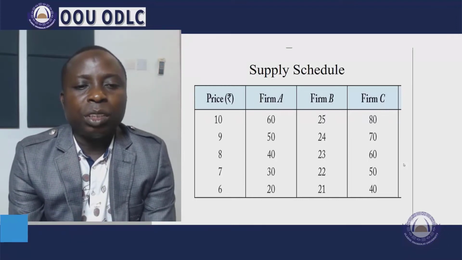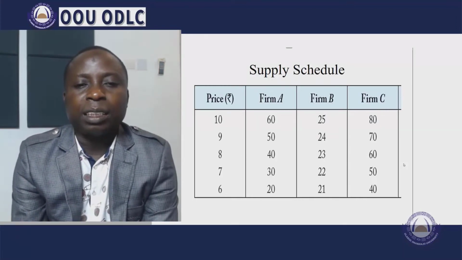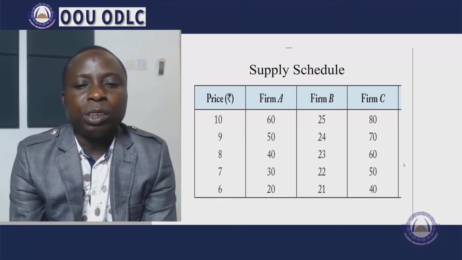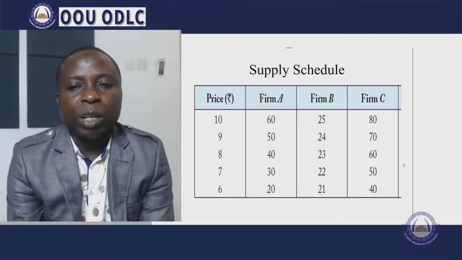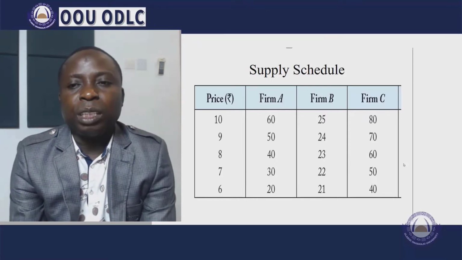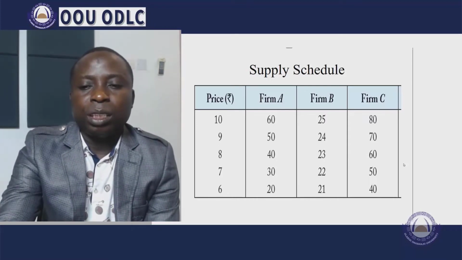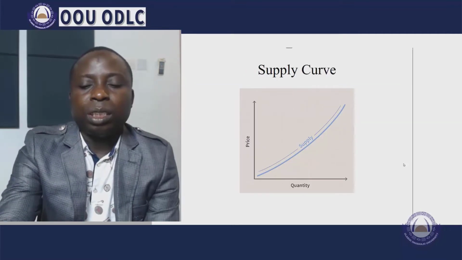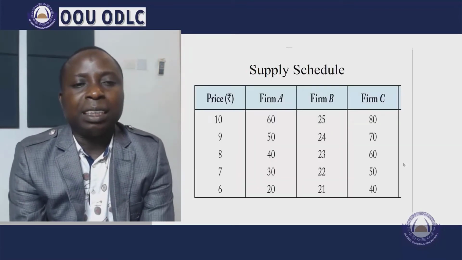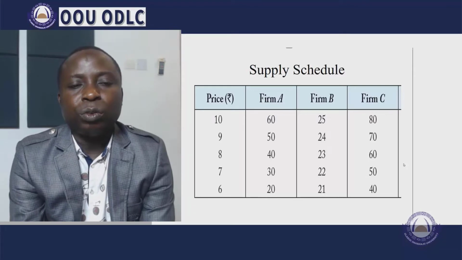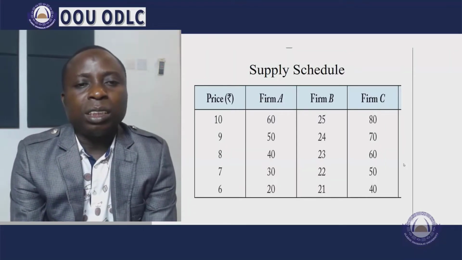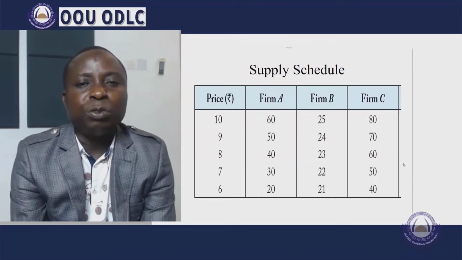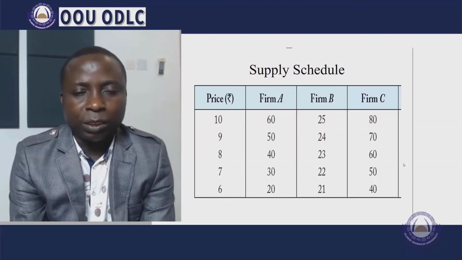When the price reduces to 6 naira, firm A produces 20 units, firm B produces 21 units, firm C produces 40 units. We now realize that as the market price increases, the quantity offered for sales by different firms increases.